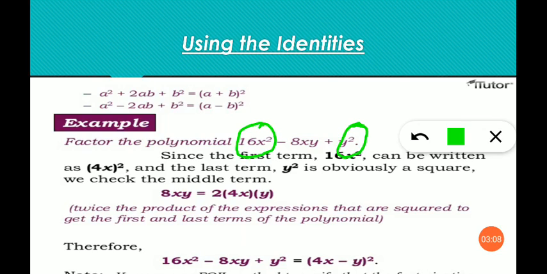Check whether the last term is a perfect square or not. And the third step is to check whether the middle term can be written in the form of 2ab or not. If it can, then we can directly write it in the form of a plus b whole square or a minus b whole square.